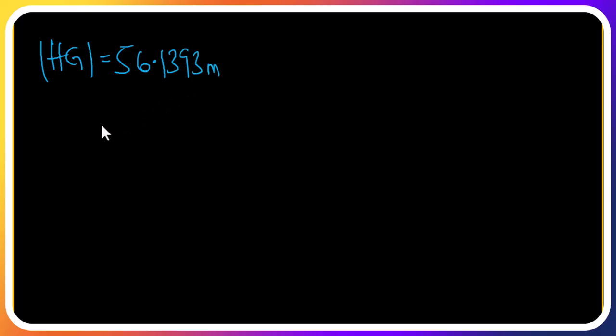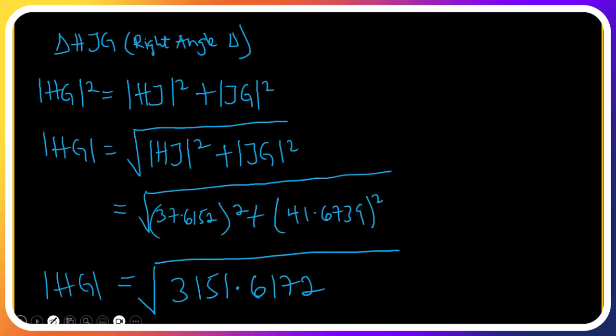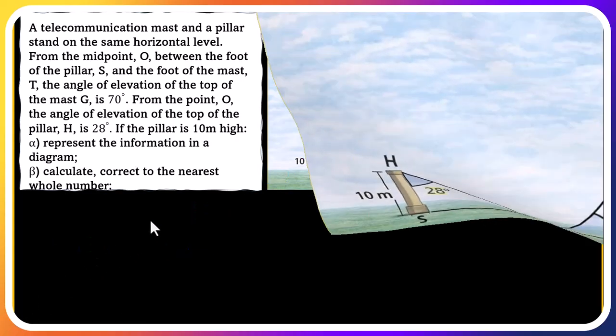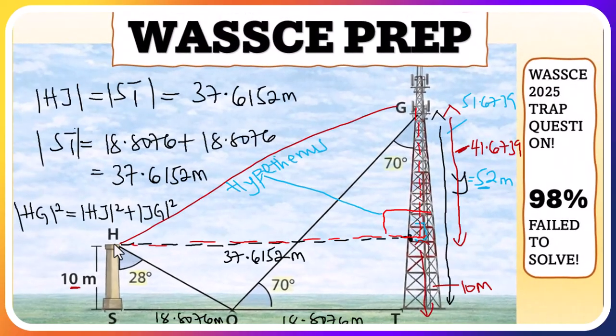Now to the nearest whole number, HG equals 56 meters, and this is the distance or the length or the magnitude of the line HG, which is 56 meters to the nearest whole number.